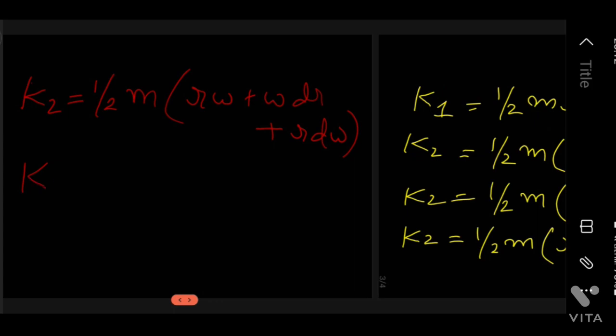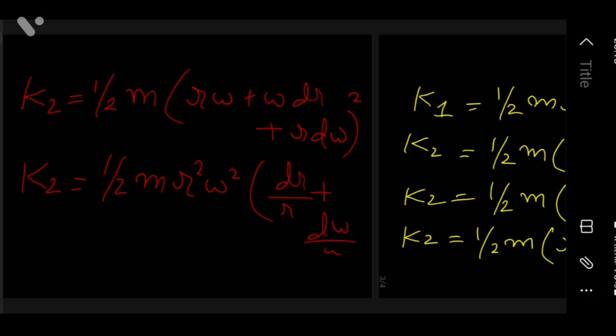I can also write K2 as half m r square omega square times (dr by r plus d omega by omega plus 1) square.